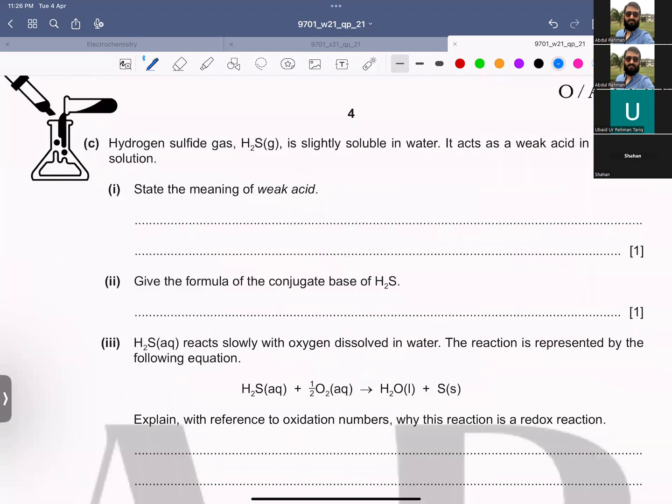Now C part. Hydrogen sulfide H2S is slightly soluble in water. It acts as a weak acid in aqueous solution. State the meaning of weak acid.